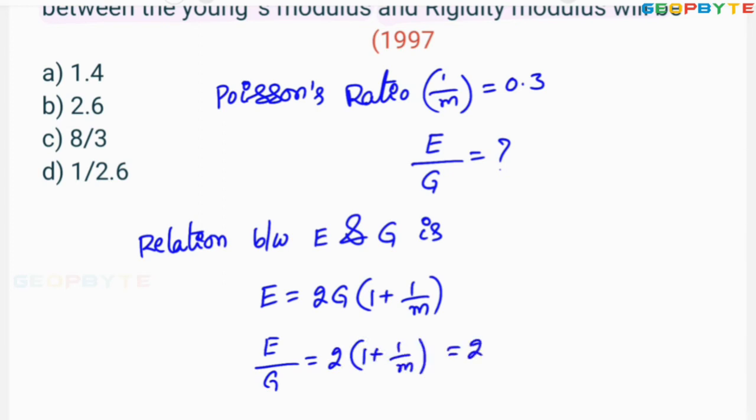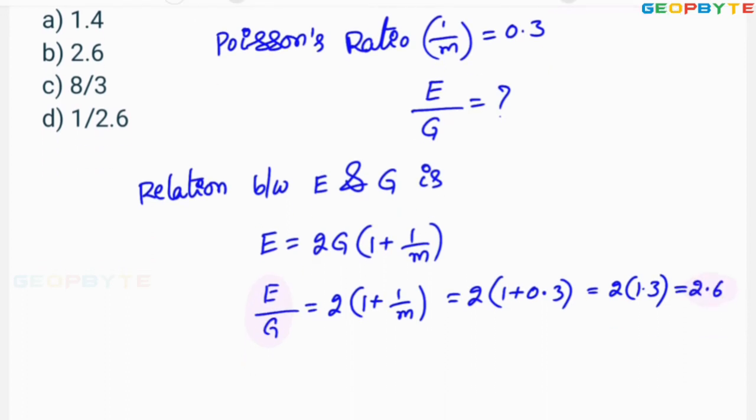It is equal to 2 into 1.3, since m is given as 0.3, which is equal to 2.6. Since Young's modulus and shear modulus both are maintaining the same units, that ratio does not have any units. So it has no units.